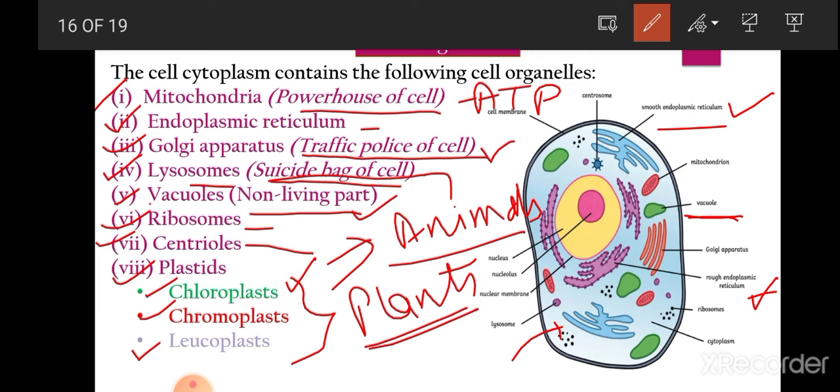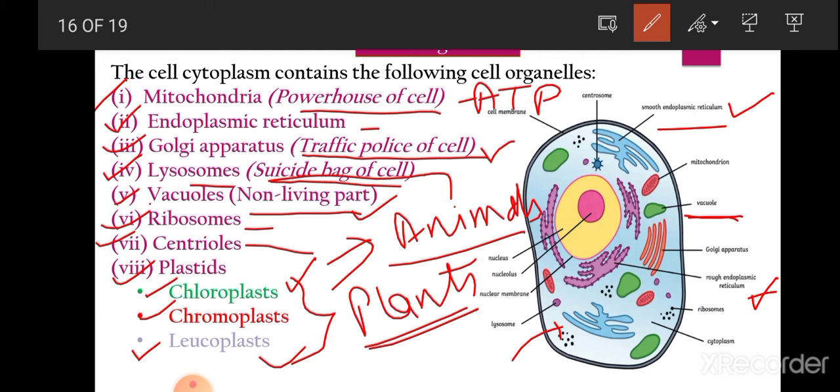They give color to the fruits and flowers. As you know, there are so many flowers of different colors. So these colors are provided by chromoplasts.